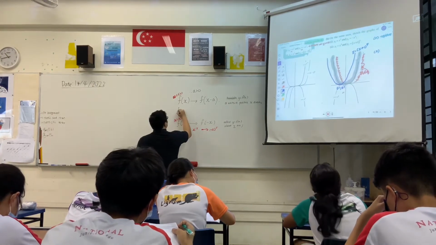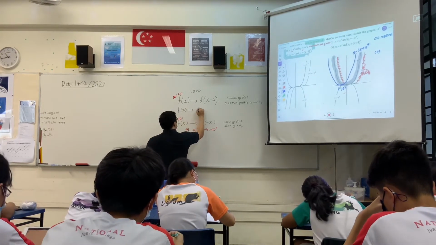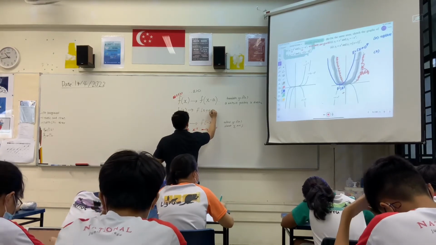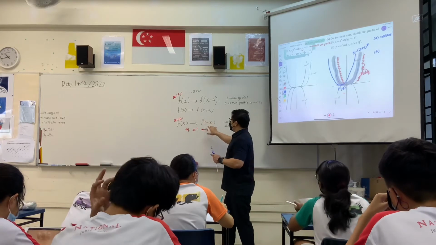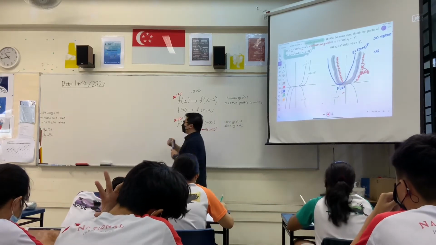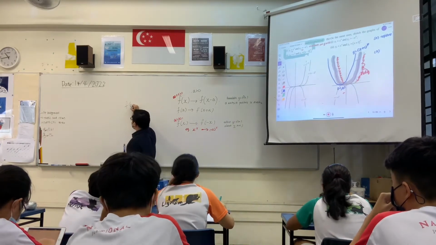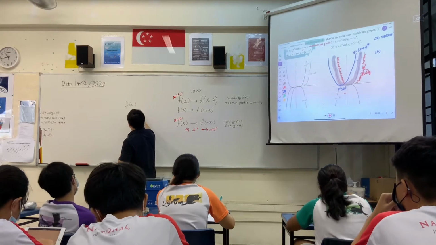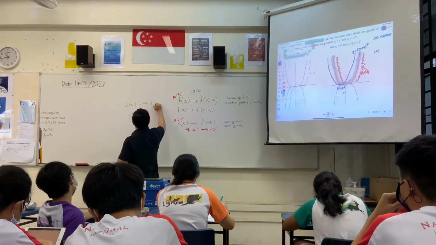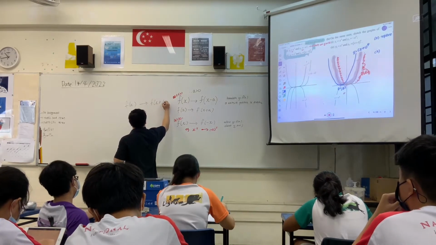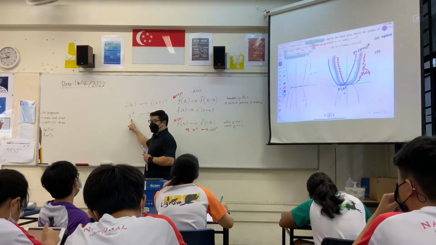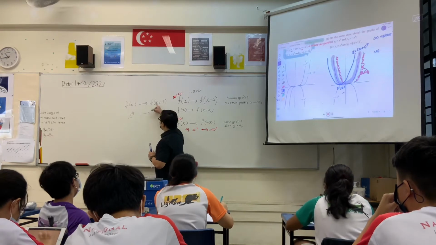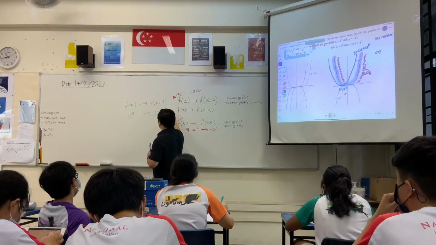So if you take f(x) and do f(x plus a), in this case I rub out the x and put in x plus 1. You got f(x) is x power 4, and you are writing f(x plus 1). This is x power 4, and you are saying this is x plus 1 power 4.